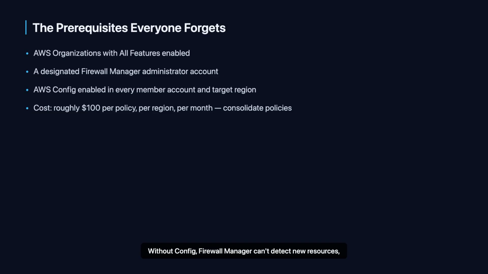Without Config, Firewall Manager can't detect new resources, so they never get protected. On cost, budget roughly $100 per policy, per region, per month. That adds up fast across many regions, so the practical advice is to consolidate related rules into fewer, broader policies.